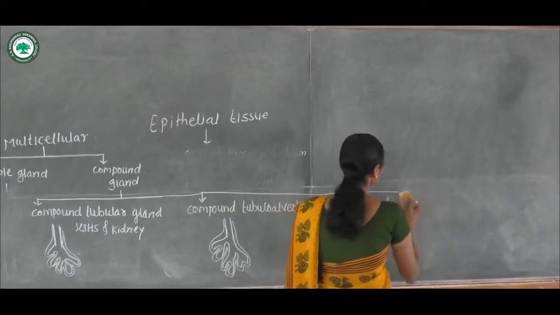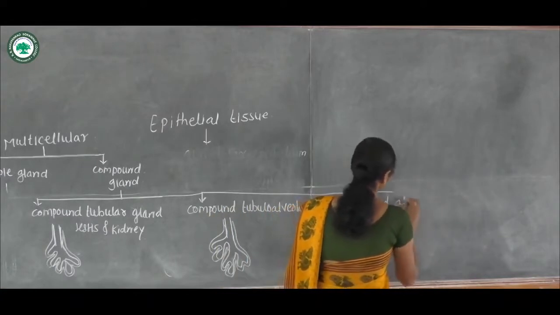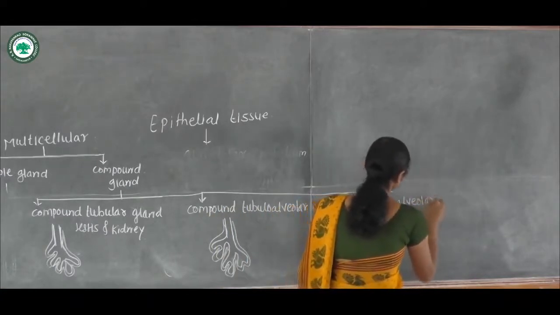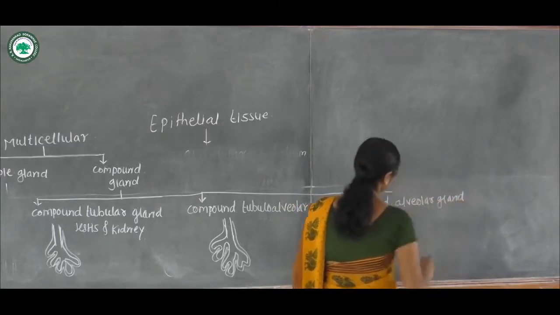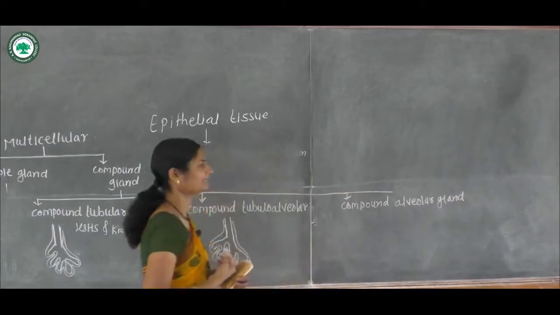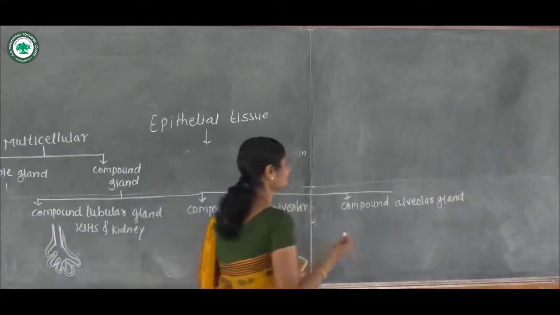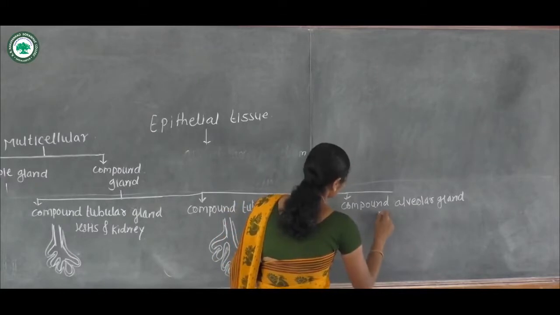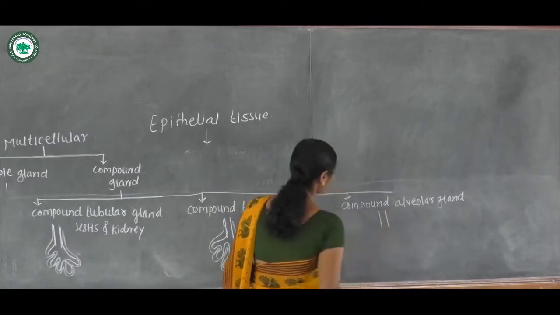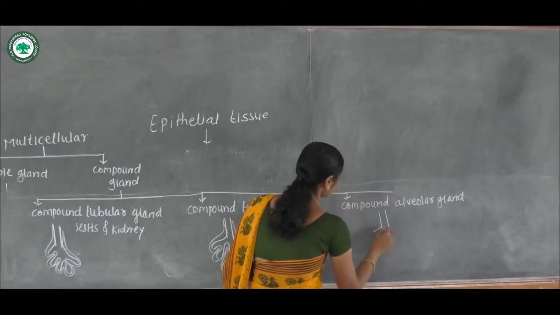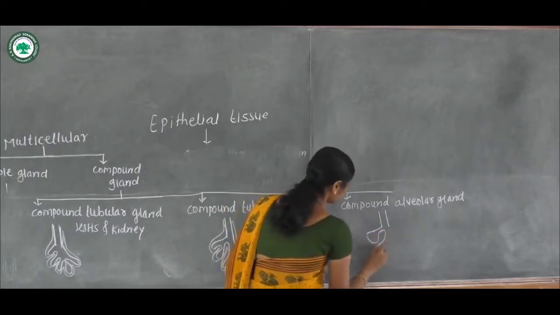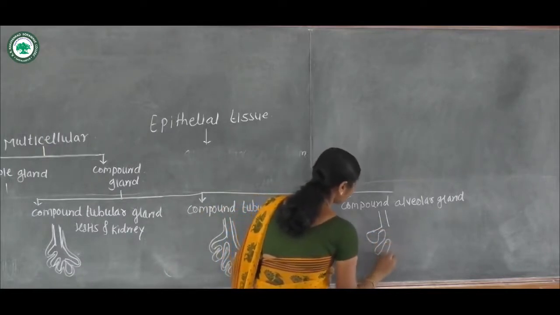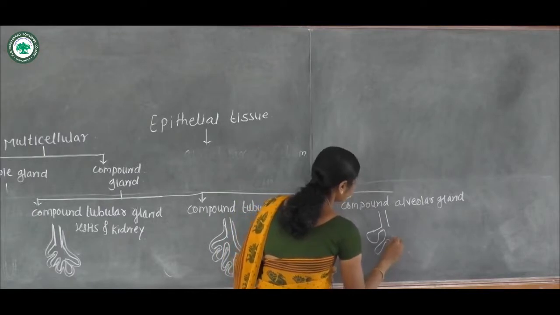These have a common duct, and the apical portion of these ducts is dilated into a sac-like structure, and these open into the common duct.